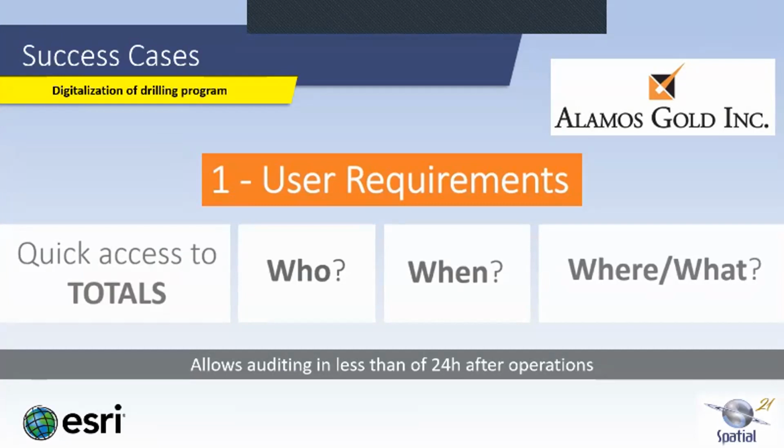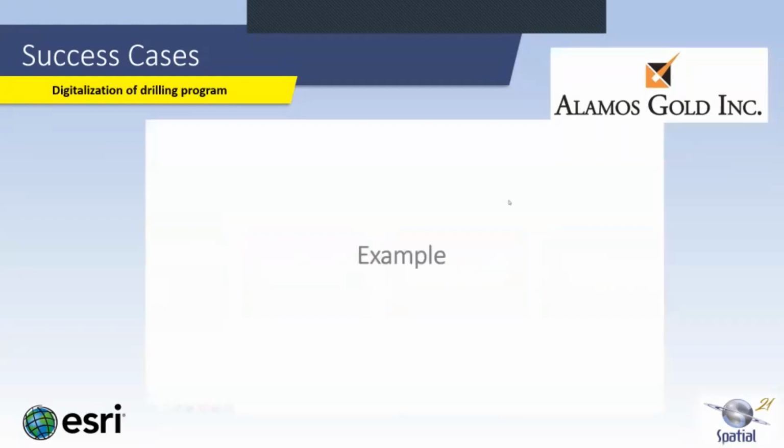Before, it took quite a long while and was very expensive to do drilling, but since they have implemented GIS, their drilling program has improved, and they can now do auditing after 24 hours of operation. So that is one example.